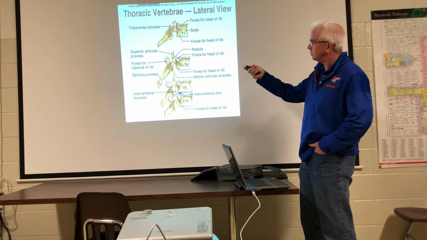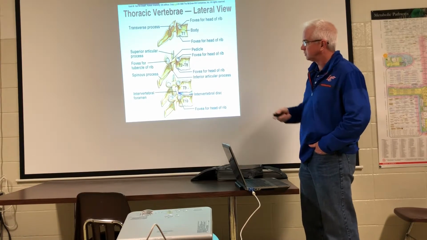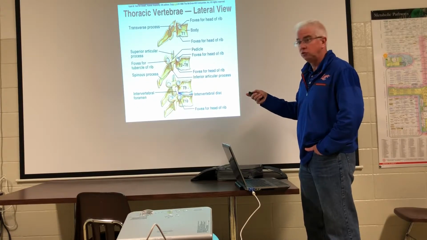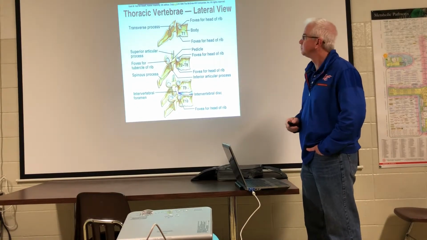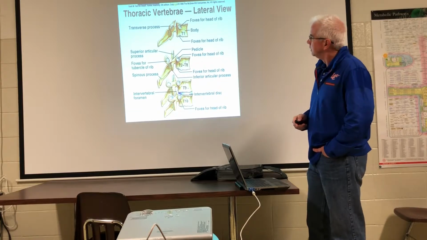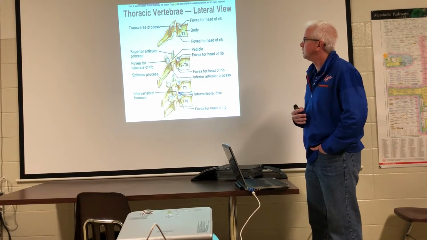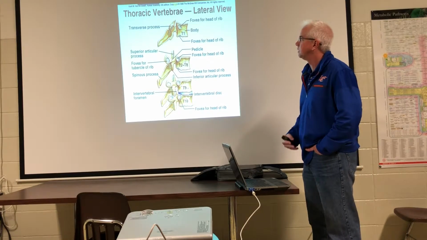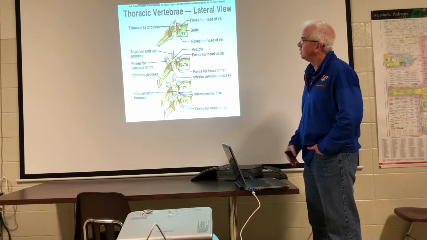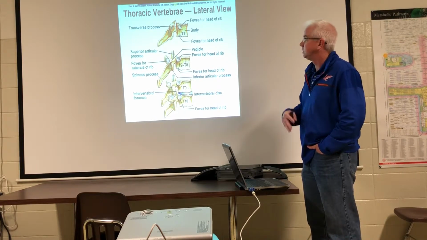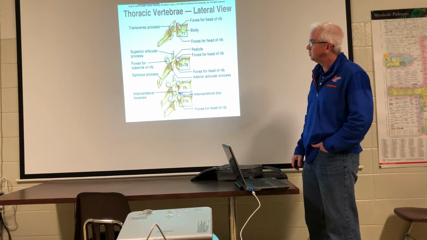What about these guys here? What articulates here on the transverse process? This would be the fovea for the tubercle of the rib here. All right. So no transverse foramina, angled spinous processes, facets that tell us about articulations for the bones above them and below them, and articulations for the ribs, the heads and the tubercles of the ribs.